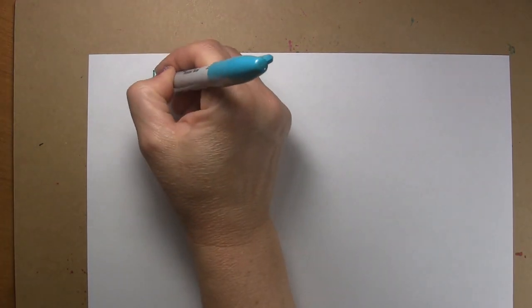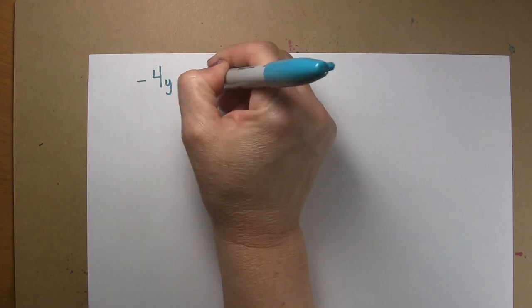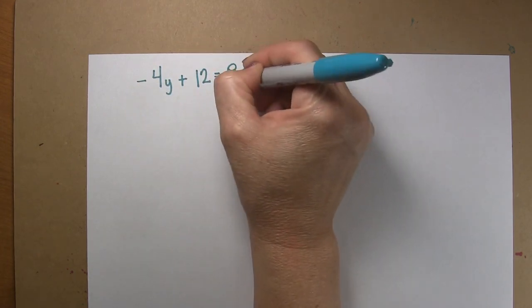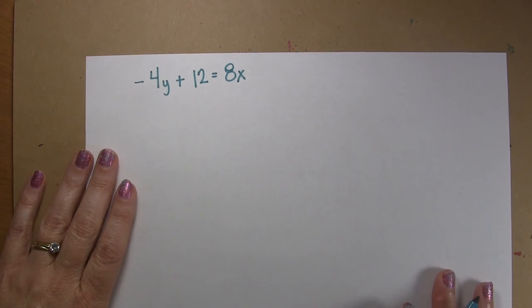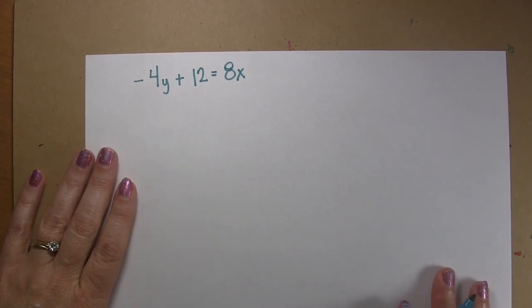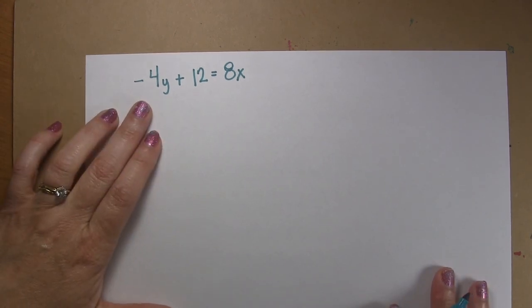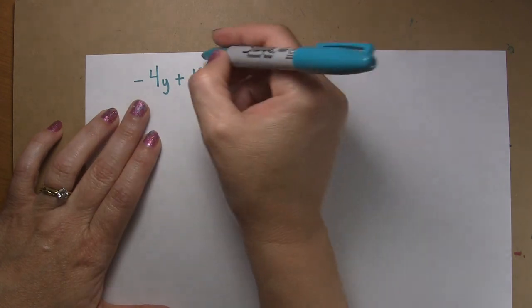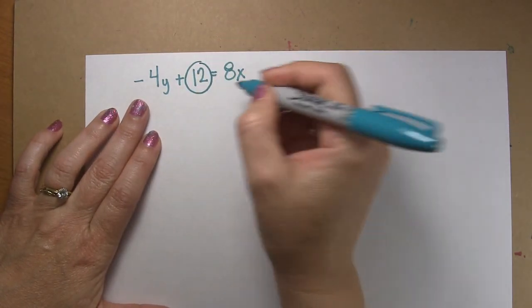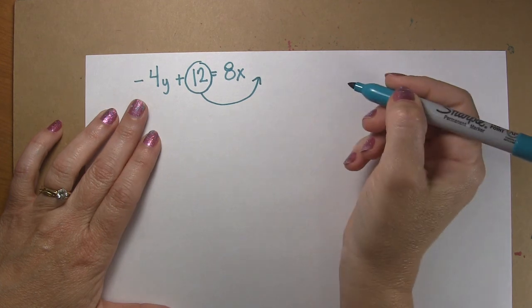Let's do another one. Let's do this one. Let's do negative 4y plus 12 equals 8x. All right, so what are we going to do first? Well, we want to get y by itself and positive. So the first thing that we're going to do is take this 12 and flip it over here.